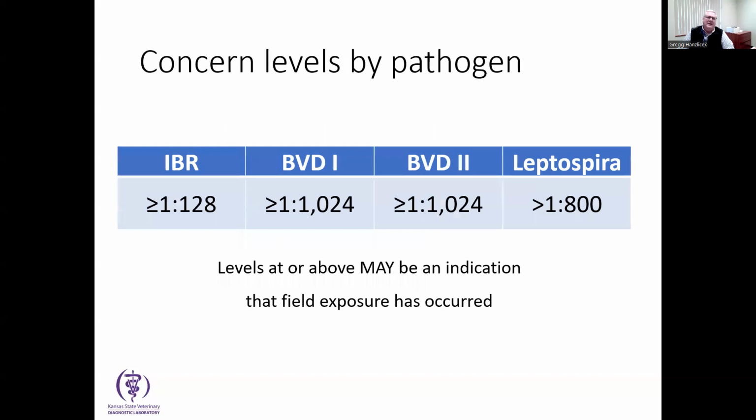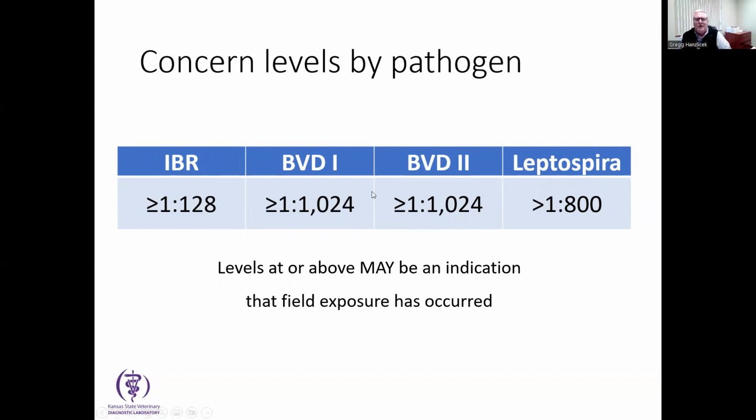These are the concern levels for our antibody titers that we've developed here at KSVDL over the last 10 or so years. When IBR titers get up to 128 or higher, then we begin to think that this is probably field exposure and not vaccine or normal baseline.